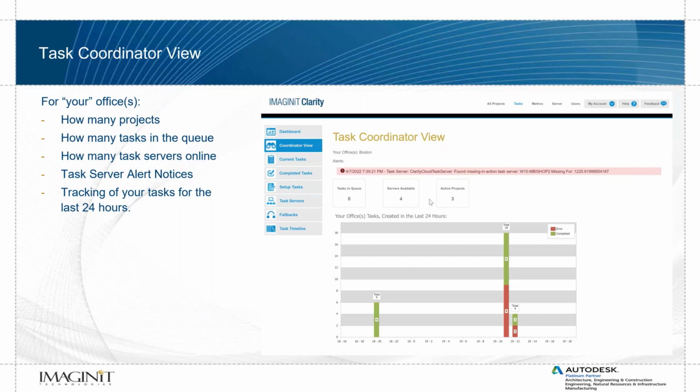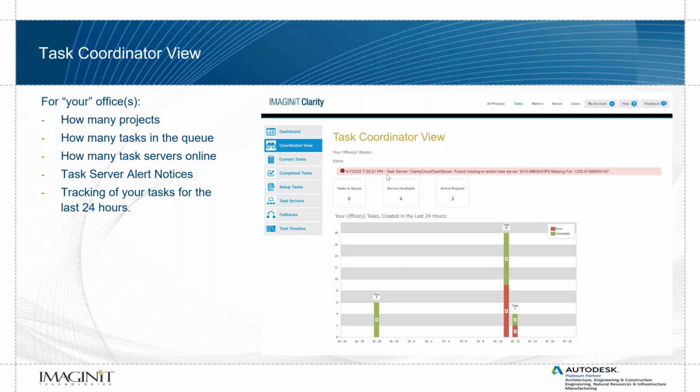You would also see how many task servers are up and available, and we have a new alerting framework. Whereas we used to send emails out, that really was good in the moment, but we wanted to add a better mechanism for alerting so that you can see what issues are out there on your task servers, and when those issues get resolved, the alerts disappear.